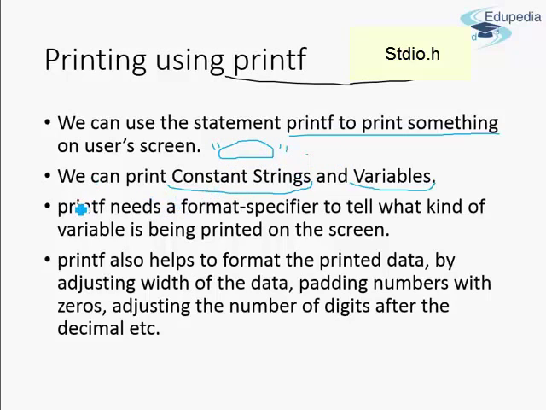Now printf needs a format specifier to tell what kind of variable is being printed on the screen. You know that variables are being printed on your screen. Now what is a variable? It is just a name given to a memory location inside your RAM. Inside your RAM the values are just stored in the form of binary digits, 1 0 0 1.